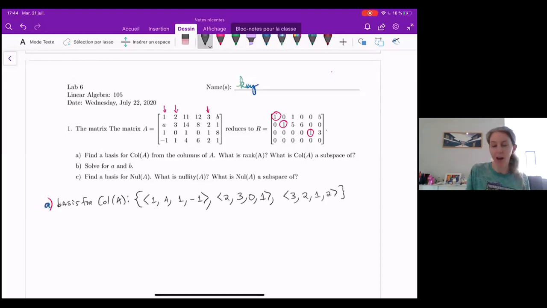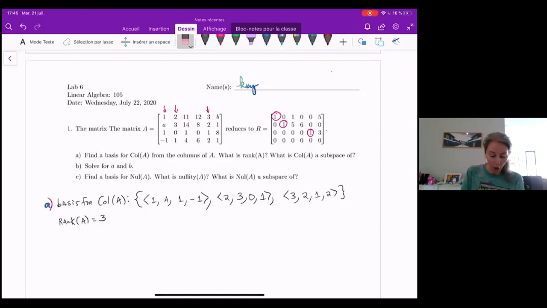So I haven't solved for a yet, so I'm just going to leave that as an a in that first vector. Now it asks me for the rank of A. Well, I know that rank is the dimension of the column space. So that's the number of vectors in a basis for the column space. Since I wrote my basis, I can see there are 3 vectors there, but we also know that rank is just the number of pivots. There were 3 pivots, so rank is 3.